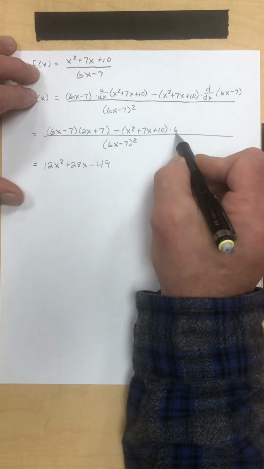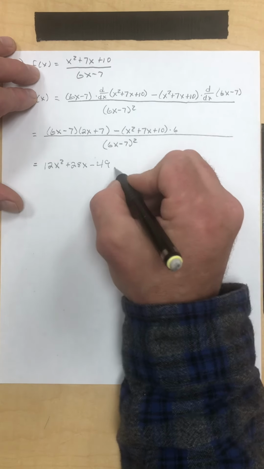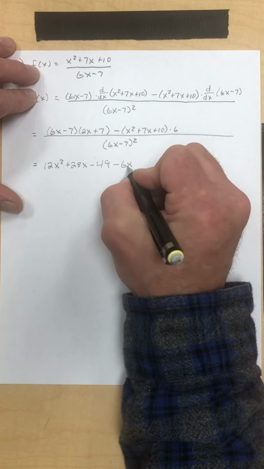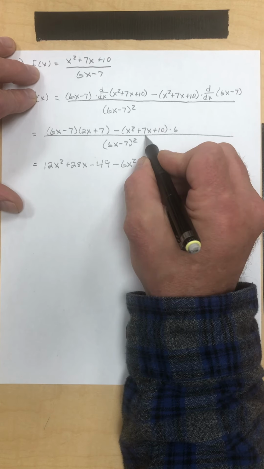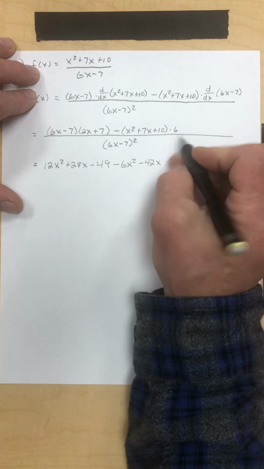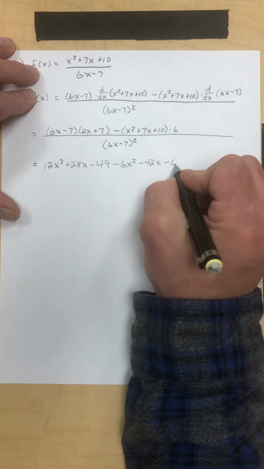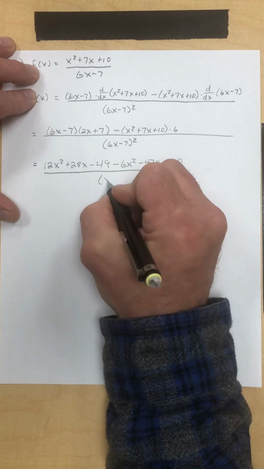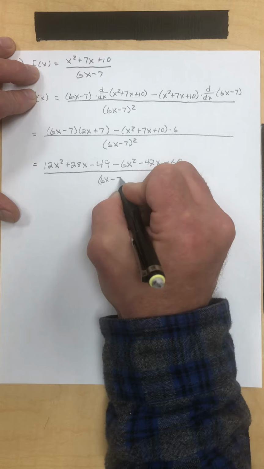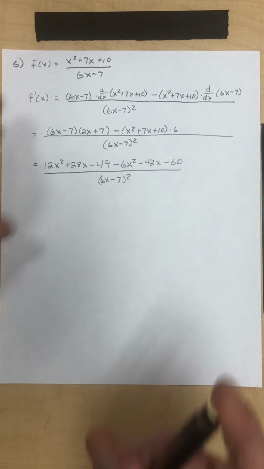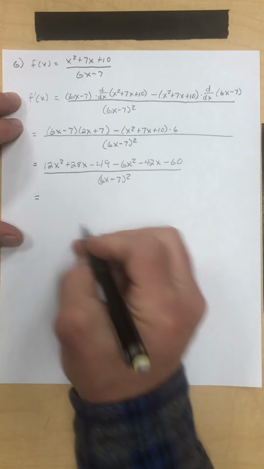Okay, now I'm going to distribute the 6 and the negative at the same time. So that'll give me a negative 6x squared. That'll give me a negative 42x. And that will give me a negative 60. And that's all over 6x minus 7 squared.